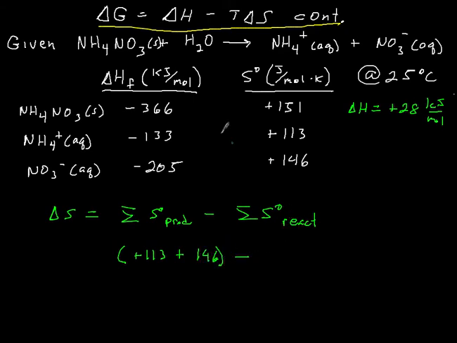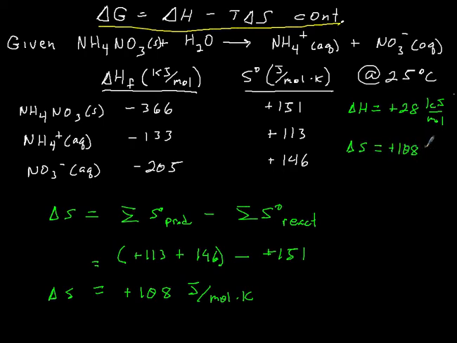And then we're going to subtract the reactant, which is the positive 151. Add up those, and you're going to get positive 108 joules per mole Kelvin. So delta S equals positive 108 joules per mole Kelvin.